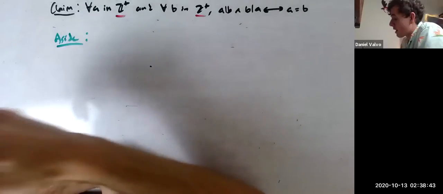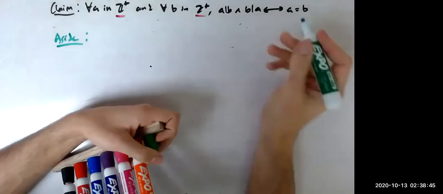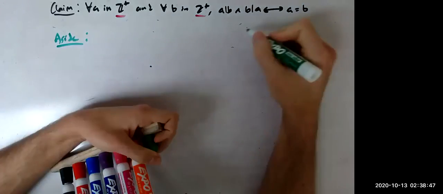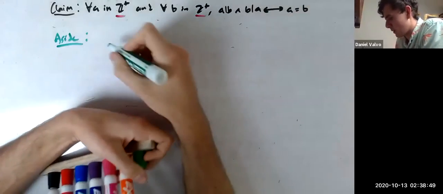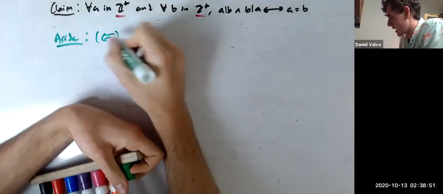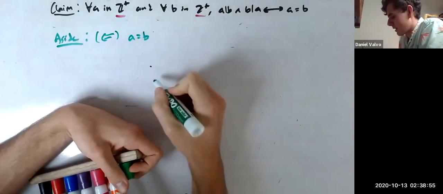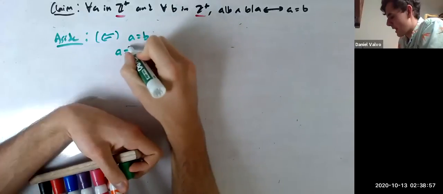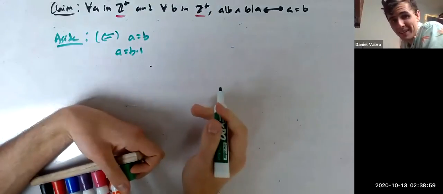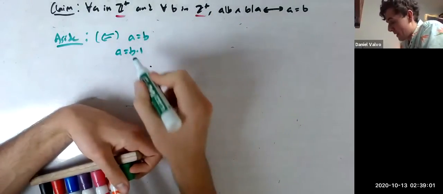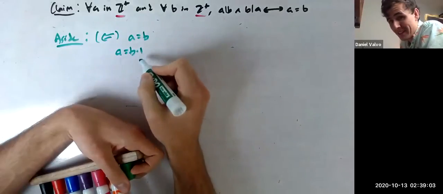Left to right. So we can do both ways, right? But say right to left is easier, because check this out. If we're going right to left, A equals B. So that means that A equals B times 1, which by definition makes A a multiple of B, all right?